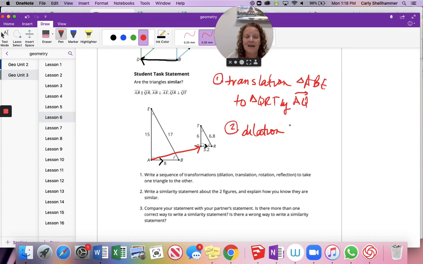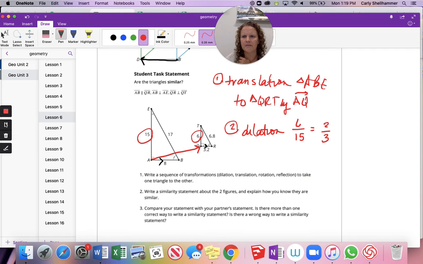By what scale factor though? We're getting smaller, so I can take any of those measurements and put the smaller one over the bigger one. This is my scale factor. I took 6 over 15, and I'm going to simplify that. They're both divisible by 3, so 2/3. Okay, so a scale factor of 2/3.